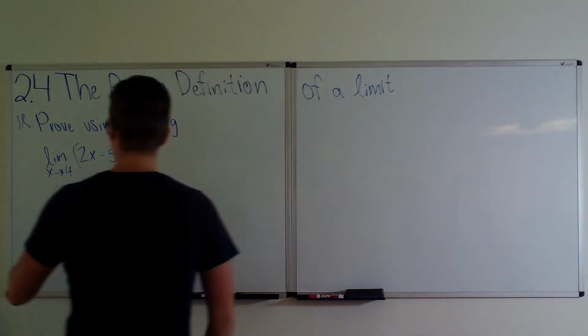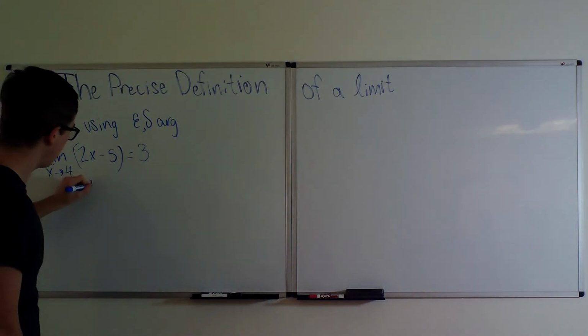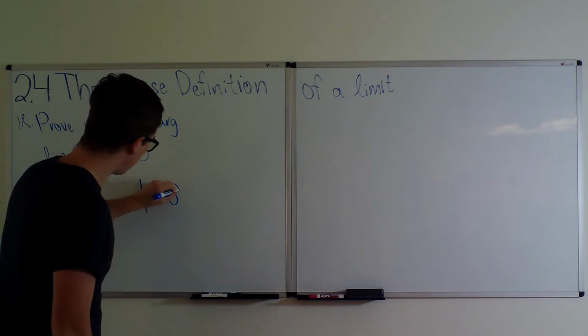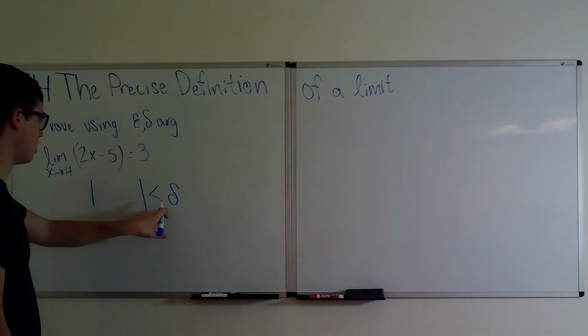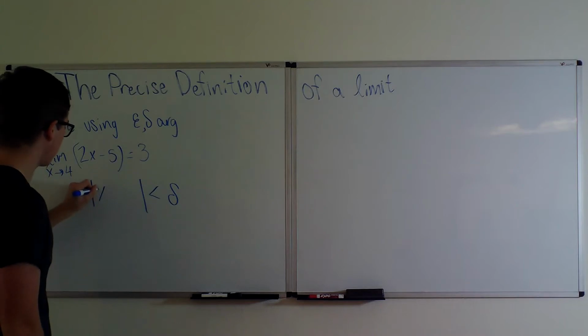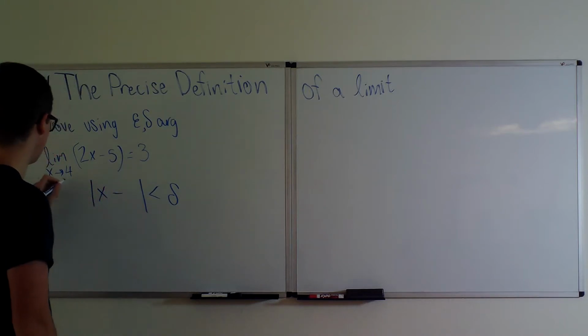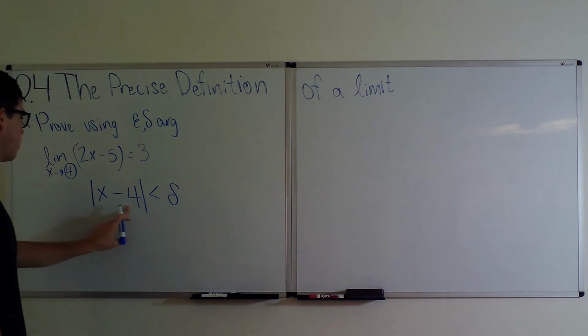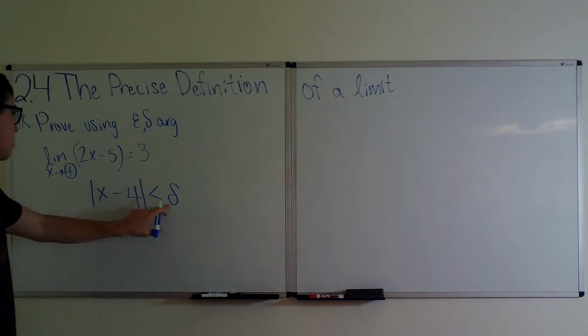So what you want to start off by doing is the epsilon delta inequalities. Right? So you have your absolute value of x minus a, which is x minus 4, less than delta.